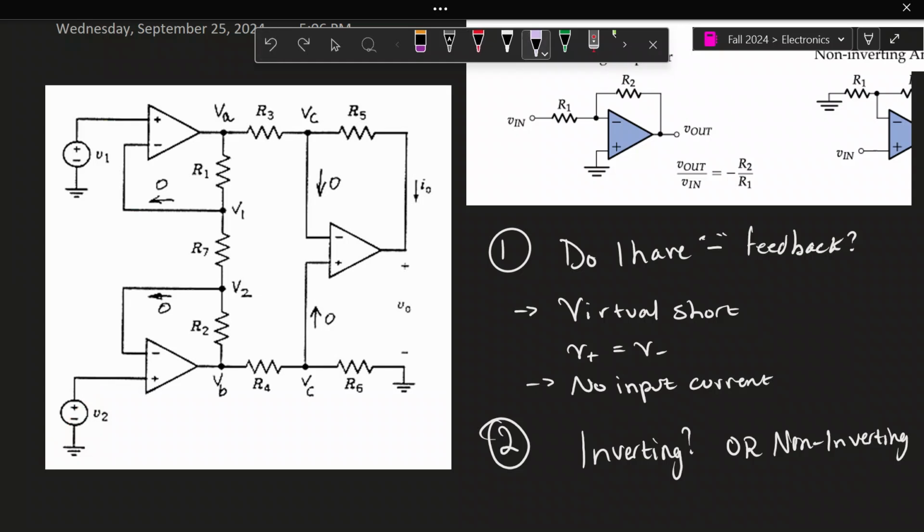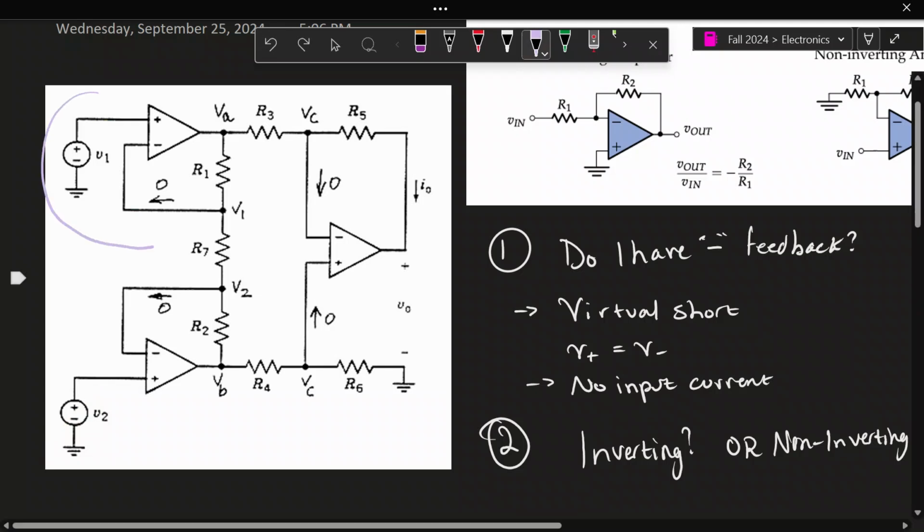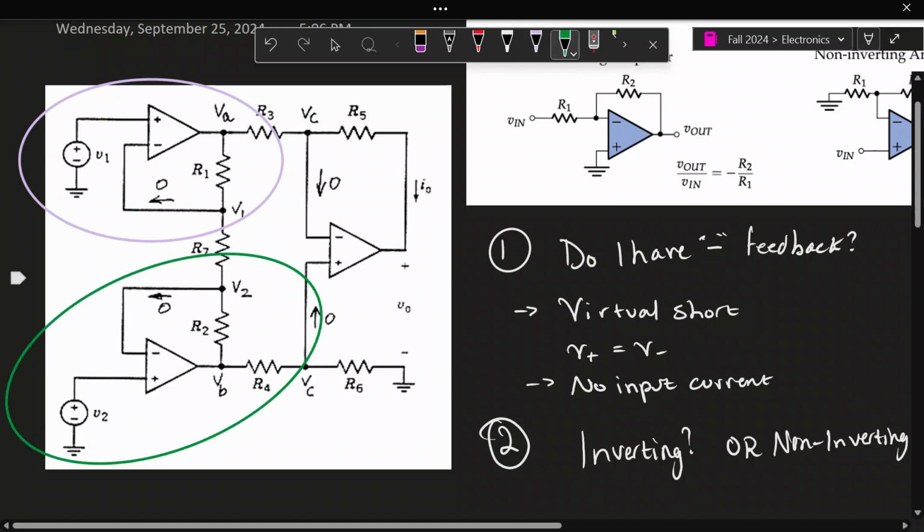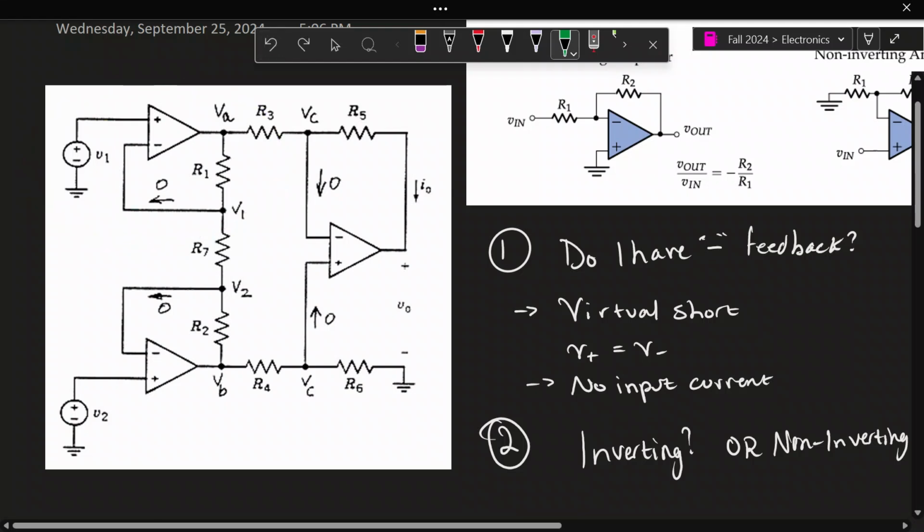Or another way you could do this, I guess it is also superposition, is you could analyze the circuit only here, and then at the same time analyze the circuit here, and then analyze the circuit here with the two different inputs.